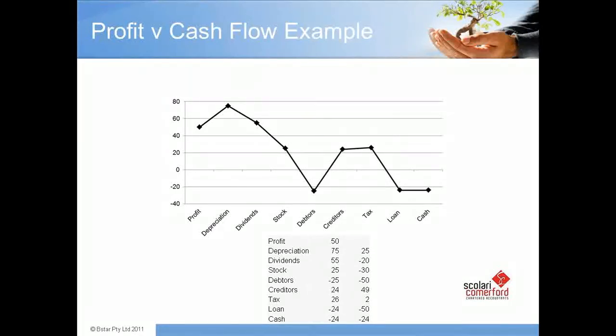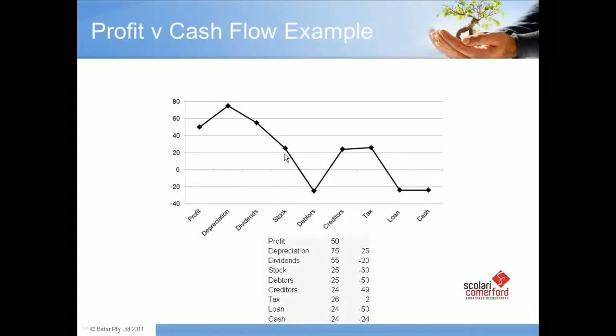So what we'll do is we'll say, well, look, in this particular example, you've made a profit of $50,000, but included in that $50,000 there was a book entry called depreciation of $25,000. So really the business has generated the ability to have $75,000 worth of cash at this stage. You did take a dividend of $20,000, so that leaves $55,000.